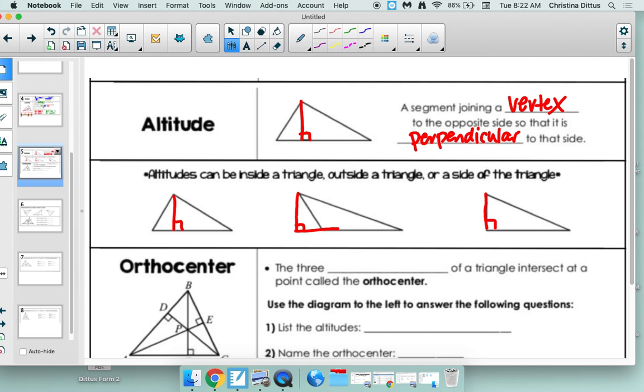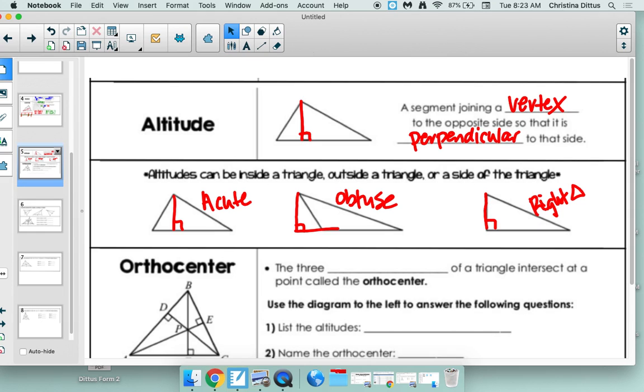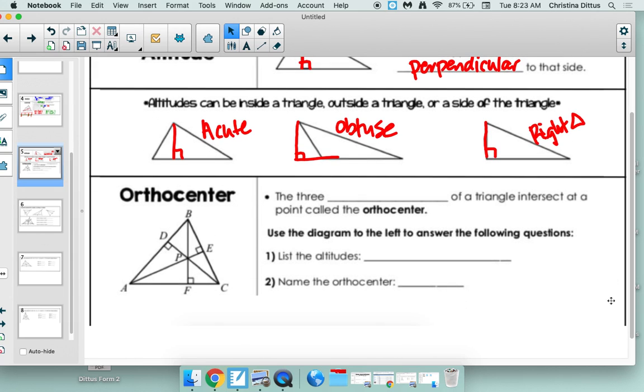That obviously only works if it's a right triangle. Here, if you have an acute triangle, it's going to be inside. And if you have an obtuse triangle, it's going to be outside. I don't ever really have you draw them. I just kind of have you name them like in this little diagram down here.